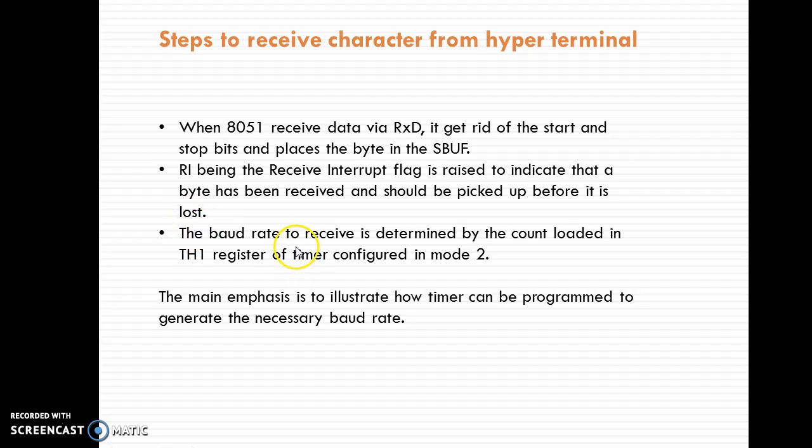The baud rate at which the data is being transmitted is determined by the count loaded in the TH1 register of the timer configured in mode 2. Our main emphasis here is to illustrate how the timer can be programmed to generate the necessary baud rate.